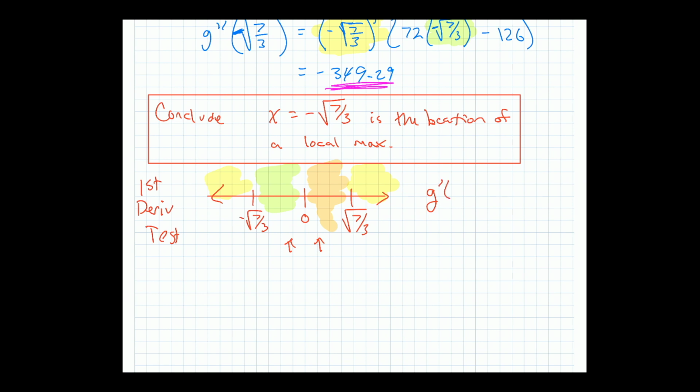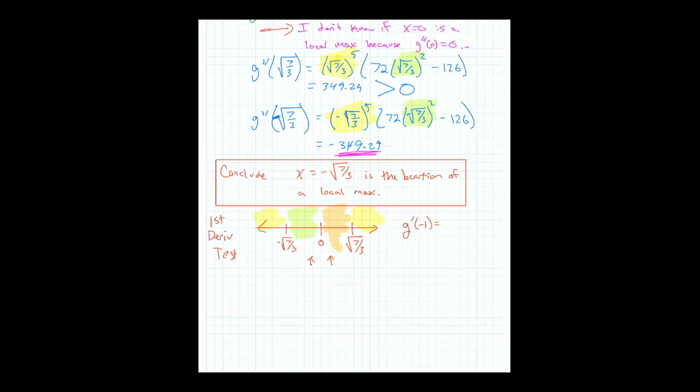So g prime of something in the green interval, well, root 7/3, you can work that out on a calculator. Square root 7/3 is like 1.5. So 1, for example, is going to be in the interval. So I can do g prime of negative 1.